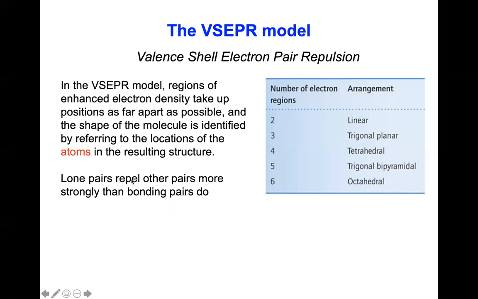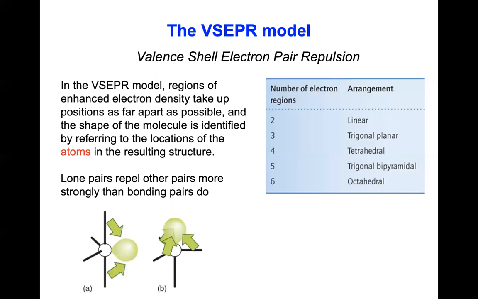Another principle is that in a given molecule, each pair, whether it is a bonding pair or a non-bonding pair, always takes a position in the geometry. And a second rule for this principle is that lone pairs tend to have more electron repulsion than bonding pairs, because lone pairs have a higher degree of freedom. They can give a stronger repulsion than paired electrons. So I'm going to show you what I mean.